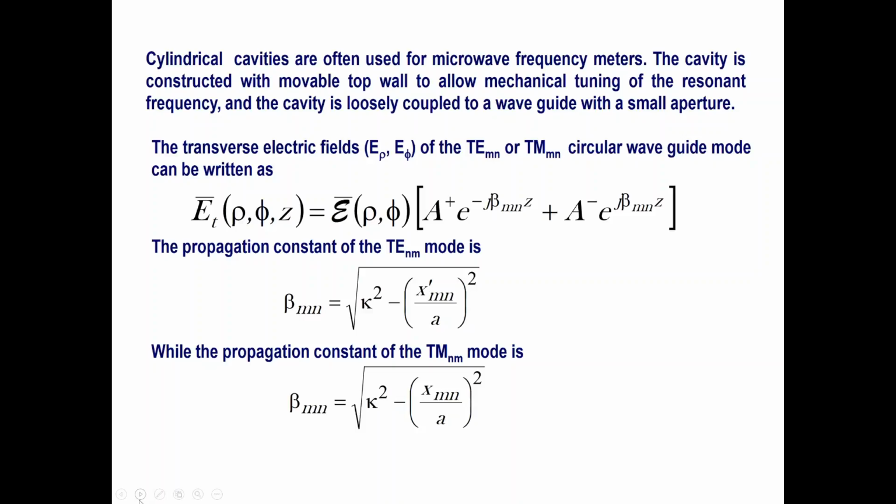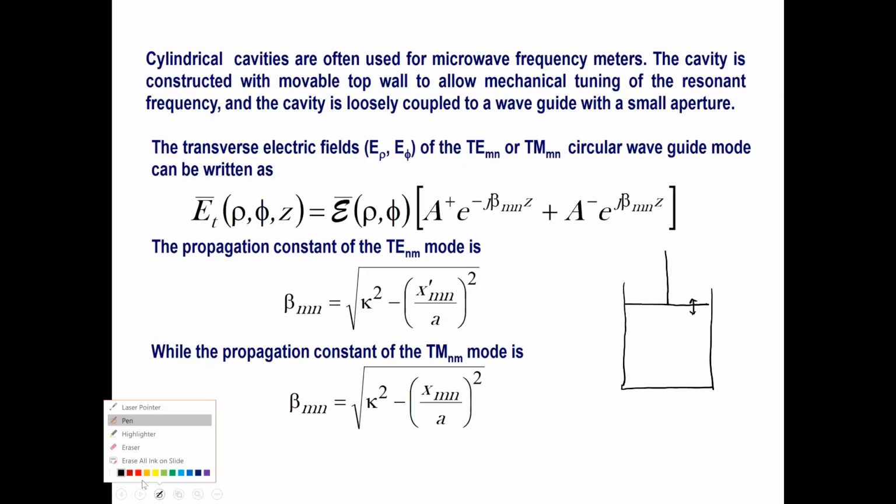Again, we have said there is another cavity, and why this TE01 mode is very important is that there are times when we have a cavity, and often what we do is we put a plunging conductor which can move around on top of the cavity. We can move this conductor, and it can basically go over here.